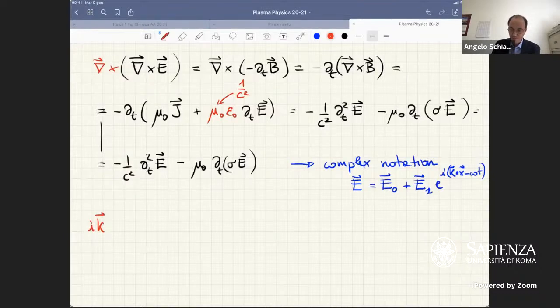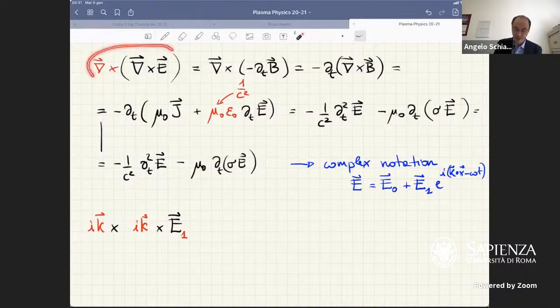We do the same for the second one, ik, and then vector product of E, and we retain only the first order term. So in one go we can linearize and go to the complex notation. And this is the left-hand side.